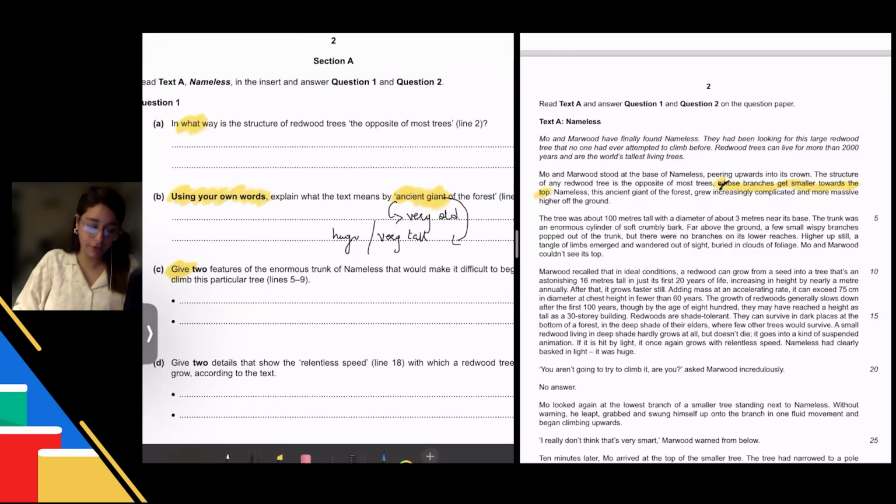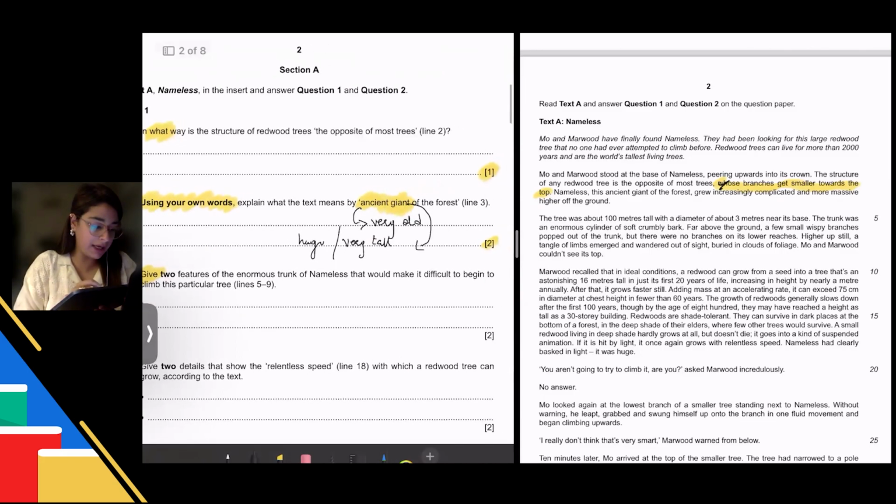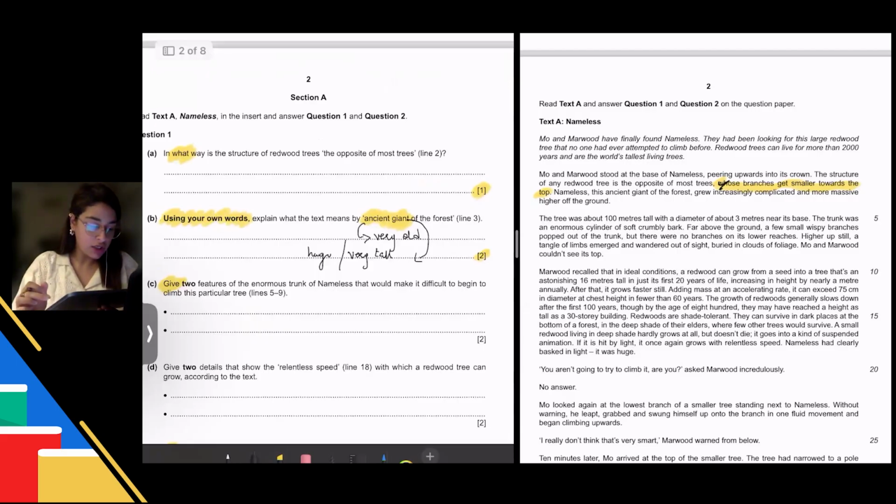The next question says, give two features of the enormous trunk of the nameless that would make it difficult to begin to climb this particular tree. This is from lines 5 to 9, where they talk about certain features associated with the tree itself which make it very difficult to climb.